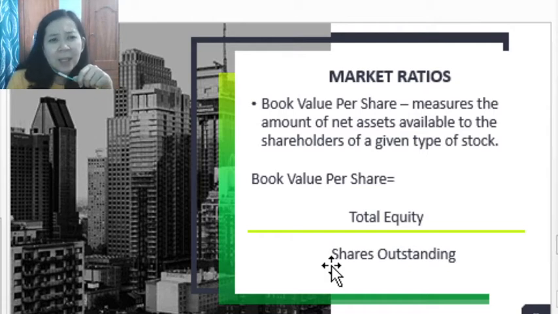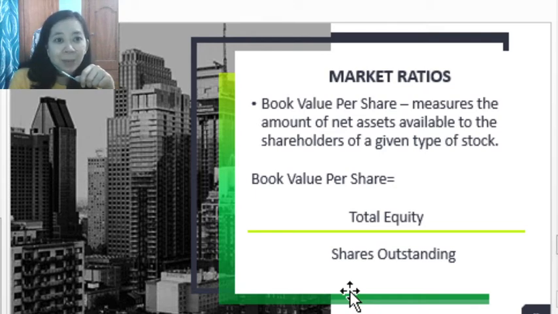These are actually issued shares but are later reacquired by the entity, depending on the purpose of the entity. But here, outstanding shares are issued to the actual shareholders and do not include those shares that are reacquired by the entity. Please take note of that as well.